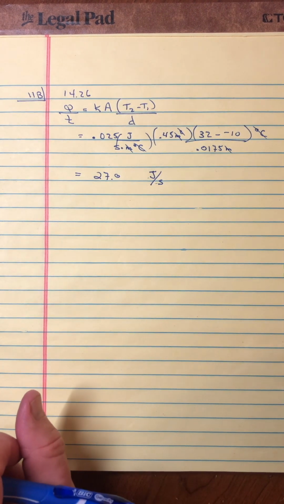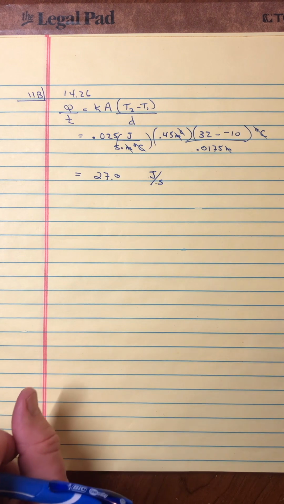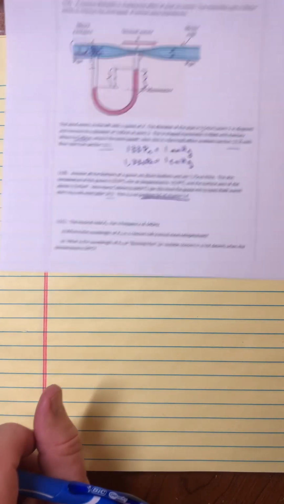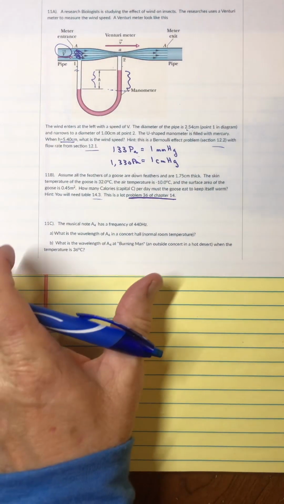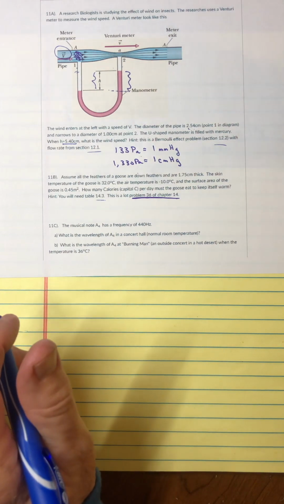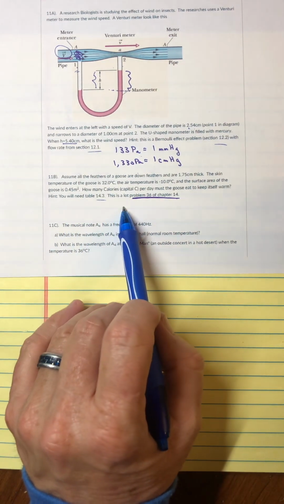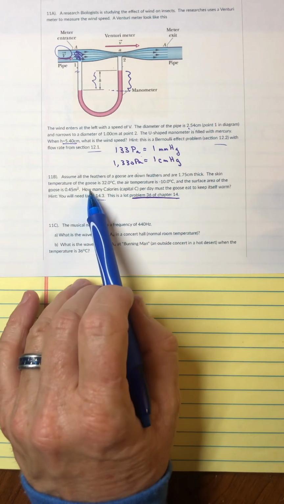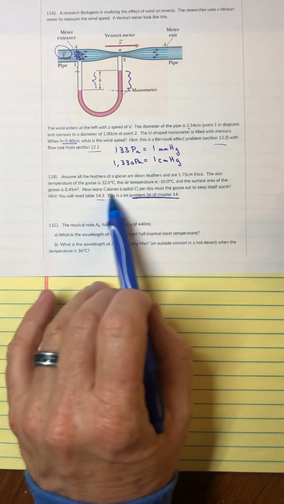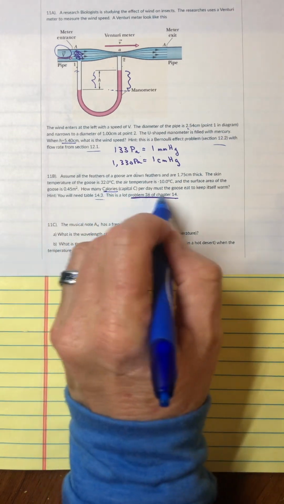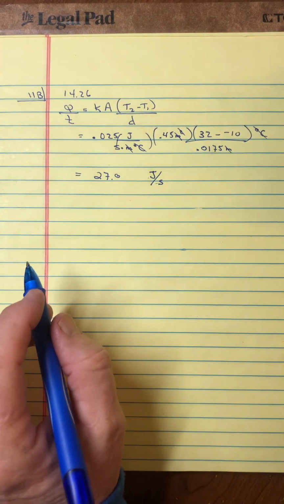And so the goose here needs to burn some of its energy, some of its food or fat or whatever, in order to keep warm. And so for a whole day, how many calories with capital C would this be?